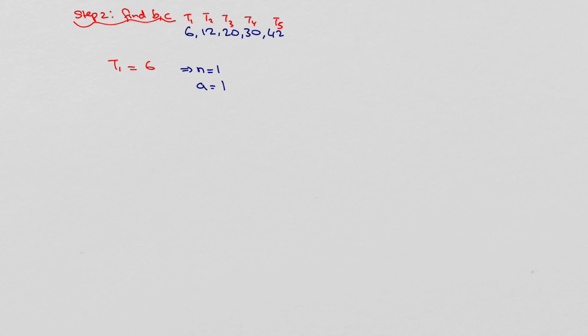If our equation is of the form an squared plus bn plus c, then when n is equal to 1 and a is 1, and we sub into our general equation, that will give us 6, because that is our first term.